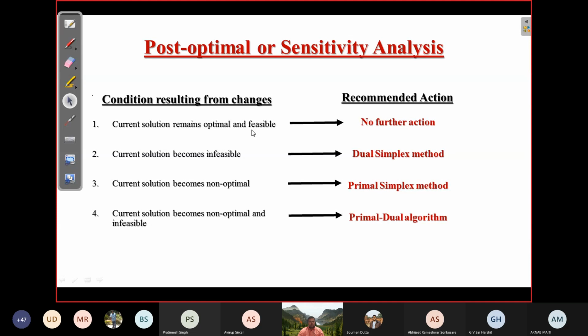Now, in some cases, it may happen that with the changes in some parameters, the current solution becomes non-optimal and infeasible both. So in the right hand side, you have negative small b, that is, B inverse b in the right hand side, and you have non-optimal objective.